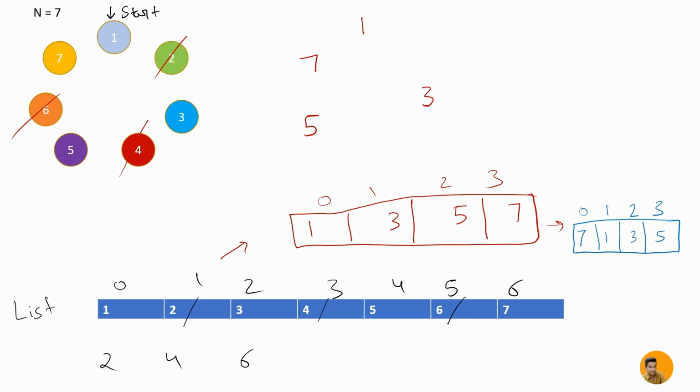So 7 is our starting point, in other words. Related to that, we need to remove the second child. So we removed 1, then we will not remove 3, we will remove 5. So 7 is our starting point, and related to it the second child, that means the children present at odd indexes.